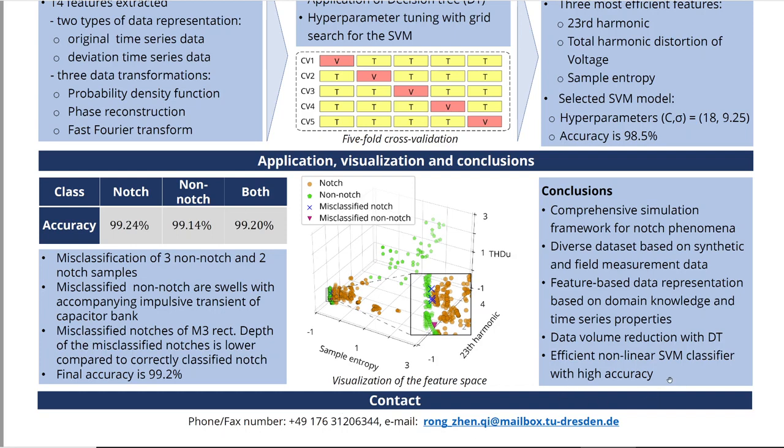This paper proposes a comprehensive framework for simulation of notching phenomena and automatic detection based on nonlinear SVM classifier. According to the results of the method performance, the feature extraction based on both domain knowledge and time series properties, together with the feature selection algorithm, such as decision tree, can highly reduce the feature vectors, decreasing the risk of overfitting and at the same time saving considerable memory space and computation time.